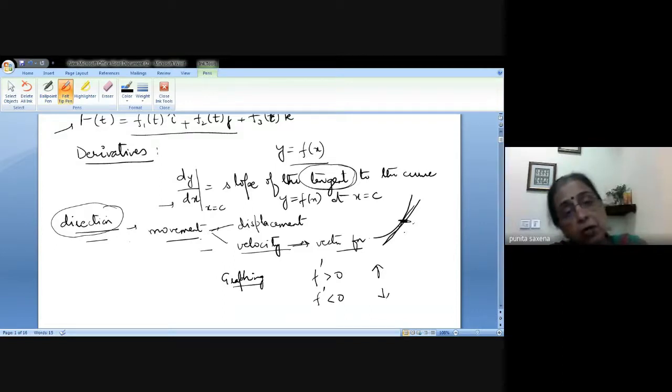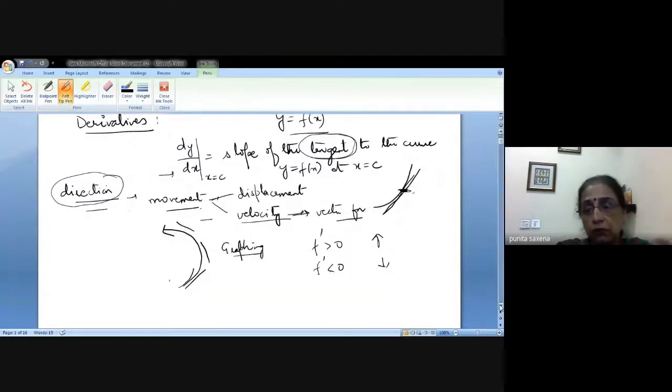But when we are talking of vector functions, the tangent vector defines the direction of motion. If the tangent is moving from here to here to here, that means this is how your curve is moving. So tangent vectors play an important role in defining the motion of particles, which is why we specifically study tangent vectors for vector valued functions as well.